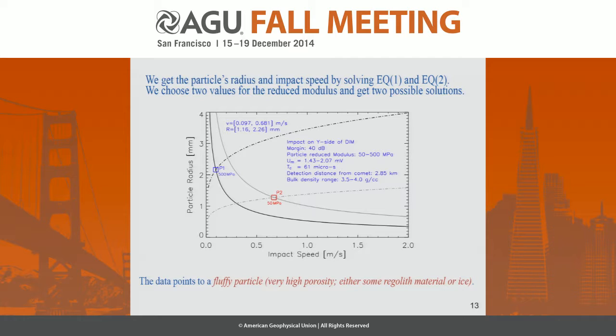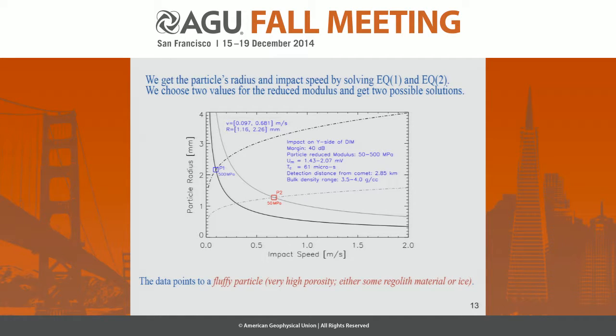We may have a particle on the order of 2 millimeters in radius and very slow speed, 0.097, or we may have a faster particle, on the order of 1 millimeter in radius and 0.7 more or less in speed.